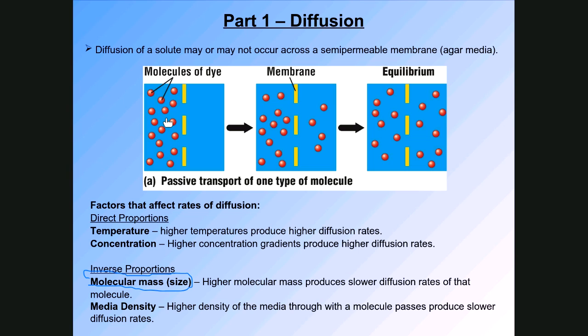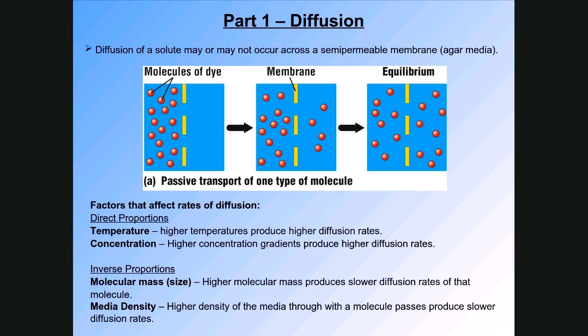But in this example, they show you not only is there a concentration gradient, an area of high concentration next to an area of low concentration of solute or the dye, but they show you the pores in the membrane, the holes in the membrane are large enough to allow the solute to diffuse from a high to a low concentration. It's not showing up right now. And these molecules of dye will continue to diffuse from a high to a low concentration until we are at equilibrium, until we have an equal concentration of solutes on both sides.